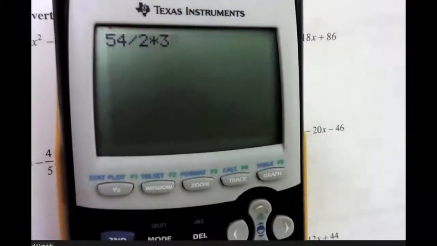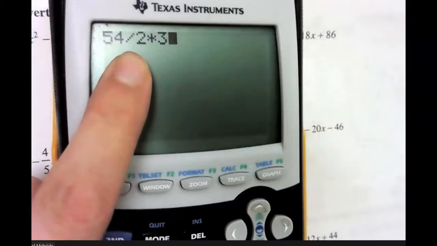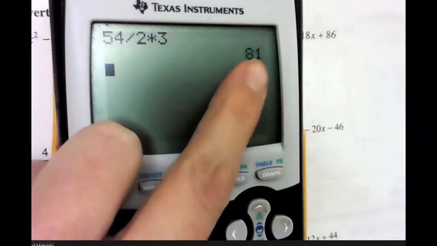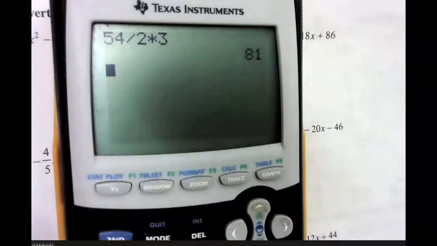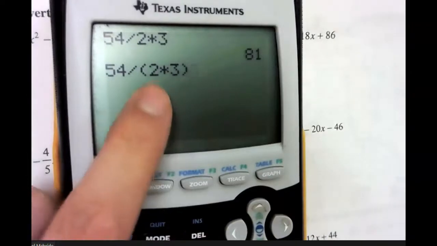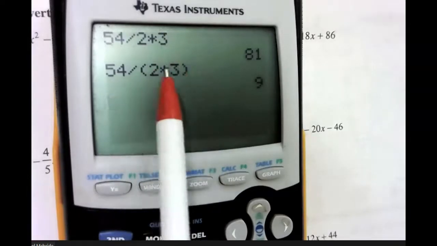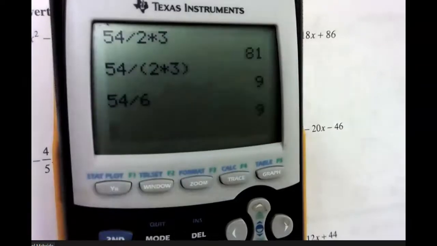What you're telling your calculator to do is divide 54 by 2 and then multiply that answer by 3, which is going to give you 81. What we want to have the calculator do is take 54 and divide it by 2 times 3. So you can put it in parentheses, or you yourself could multiply 2 times 3 to get 6.